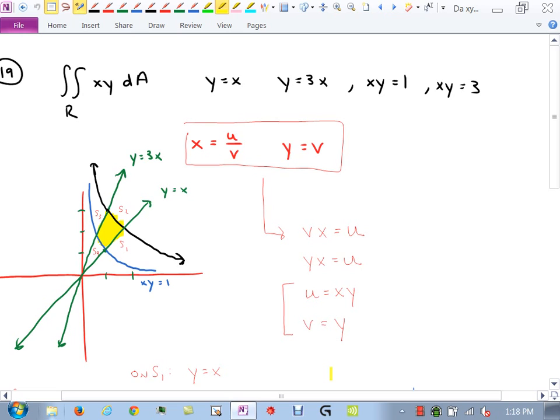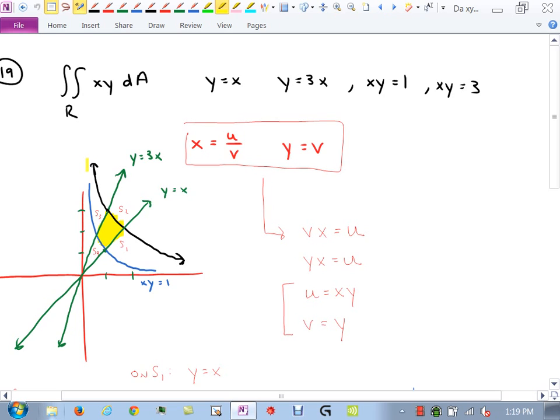They give us the transformation in this problem. x is u over v, y is v. So you can start solving. If you take, how do I get this? vx equals u. Just multiply this one by v on both sides. And then, what do I do here? Substitute, right? Look, v is y, so that becomes a y.